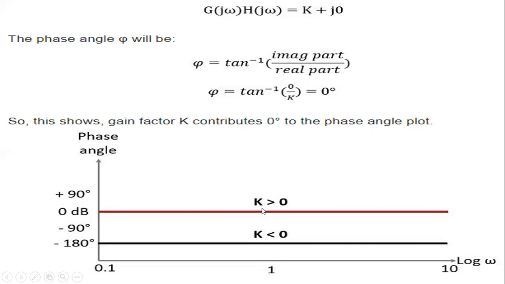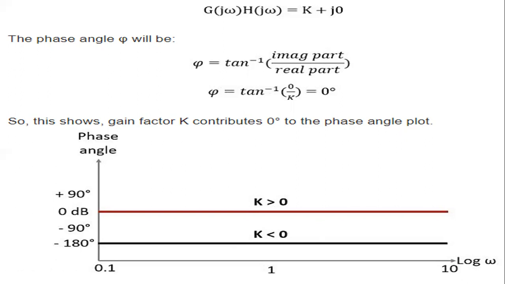Now, when k is greater than 0, the plot will always be on this line at 0 degrees. Where k is less than 0, it will be at minus 180 degrees. That's exactly what we see.